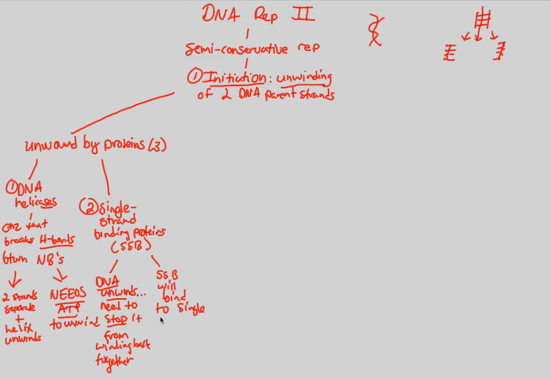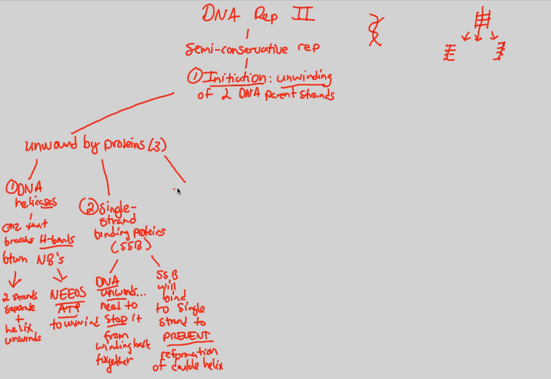SSB will bind to single strand to prevent reformation of the double helix. So that's number 2. So we have helicases, great, they unwind. How do we make sure that it stays unwound? We use single-strand binding proteins to keep them from rewinding back on themselves.